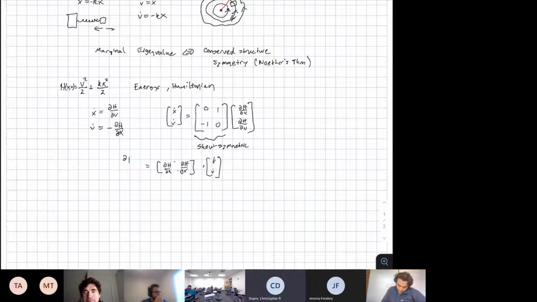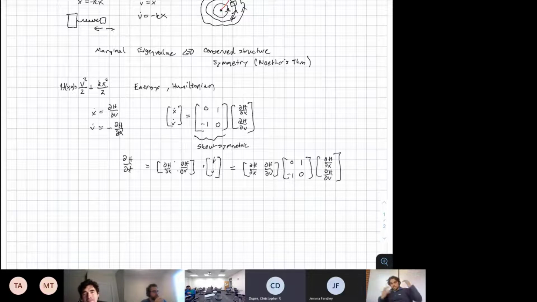This is the same thing as dH/dt, right? How that energy is evolving along the flow. This is the same thing as dH/dx, dH/dv, times the matrix 0, 1, negative 1, 0, times dH/dx, dH/dv. So the conservation of energy is really related to this structure right here.